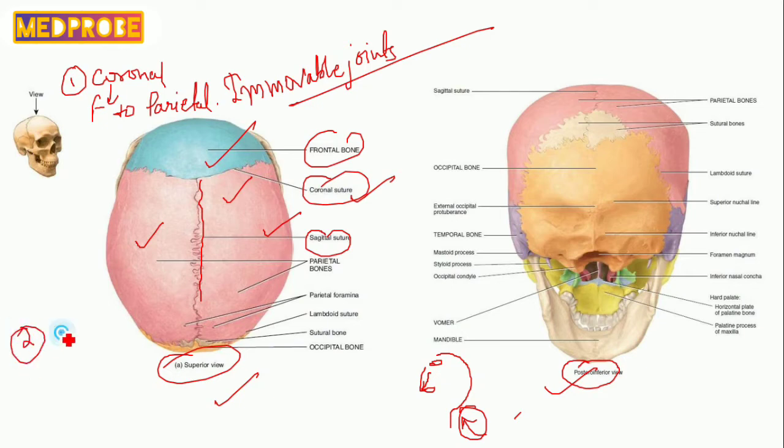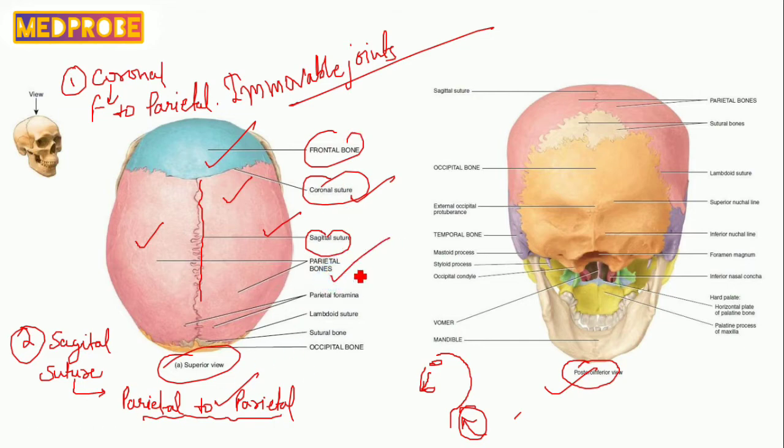And what is this sagittal suture connecting? This is connecting one parietal bone to another parietal bone, because there are two parietal bones present. So this might be clear to you.